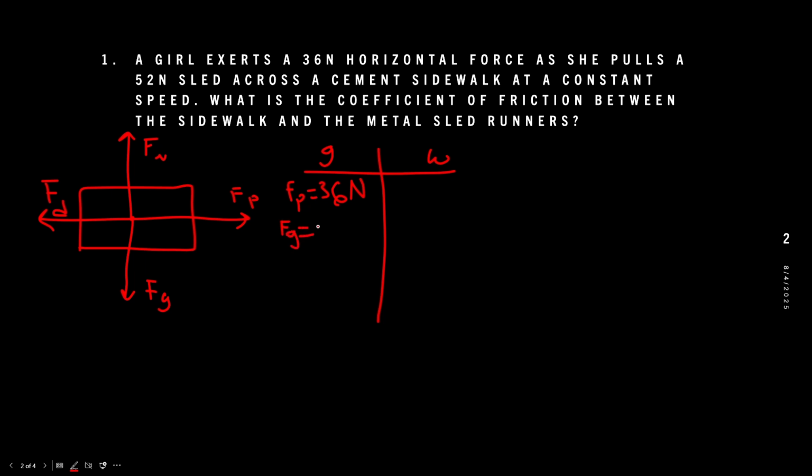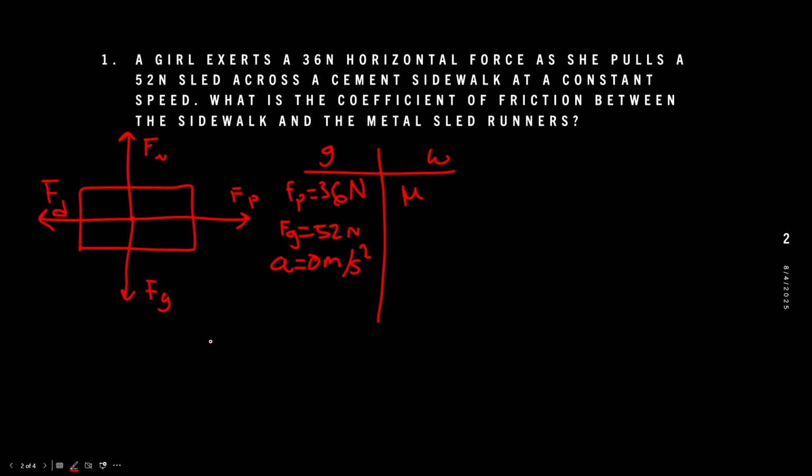So we could say Fg equals 52 newtons. And by reading the problem, we could see that the sled is moving at a constant speed, which means the acceleration is 0. So a equals 0 meters per second squared. And then what we want to find is the coefficient of friction, which we could represent as the symbol mu.